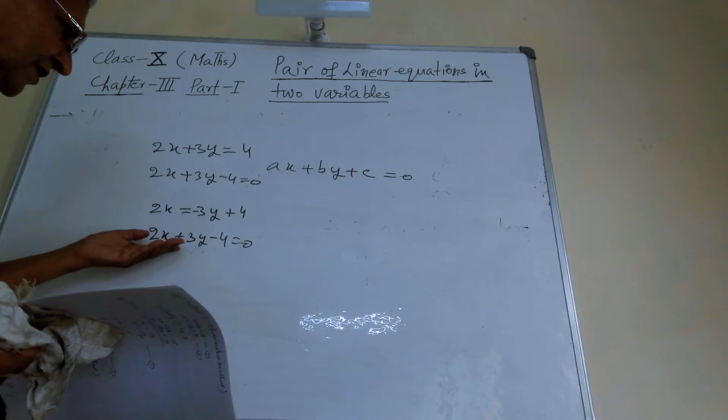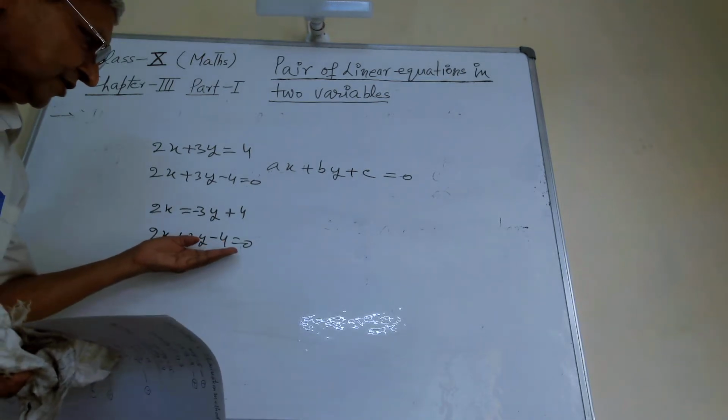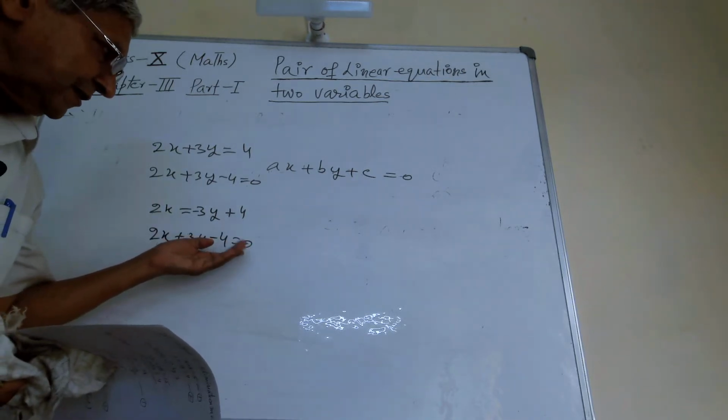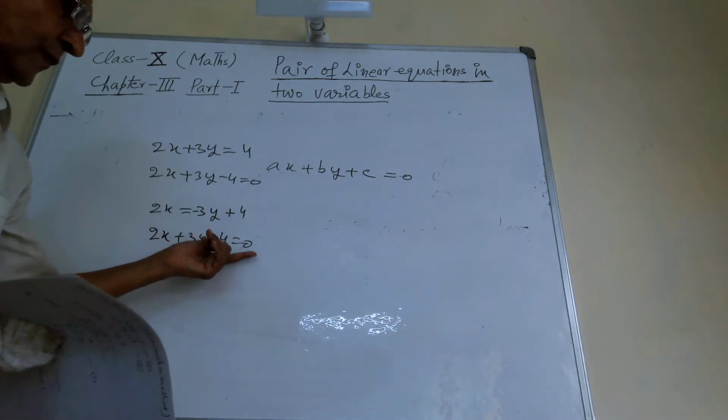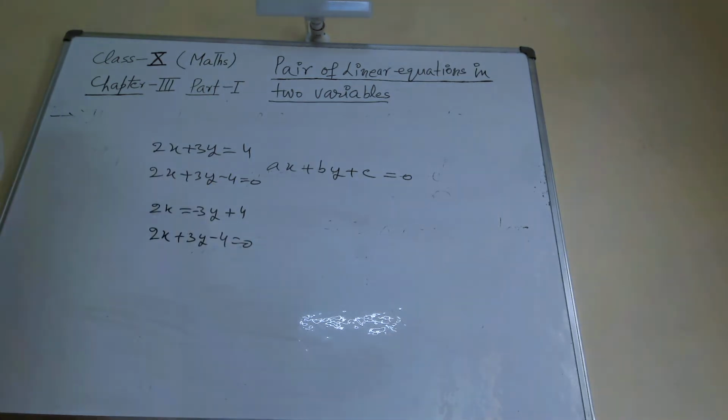First x, second y, then constant, then equality sign, and then 0. This is the standard form.